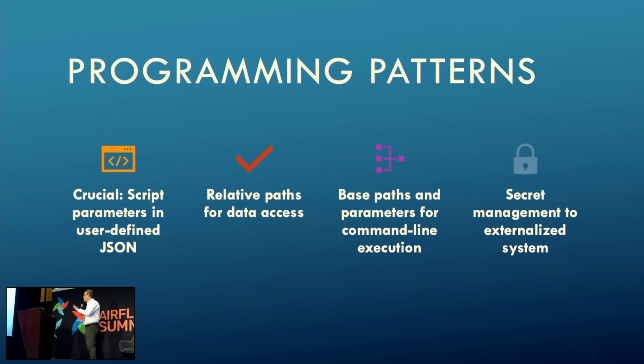Crucially, we need to make sure that everybody's scripts allow for their hyperparameters and parameters to be injected via a single JSON string, and to utilize relative paths for data access within their scripts, to inject their base paths via parameters for command line execution. And this one seems very obvious, but we have a lot of trouble with it: to make sure that they're properly using external secrets management.